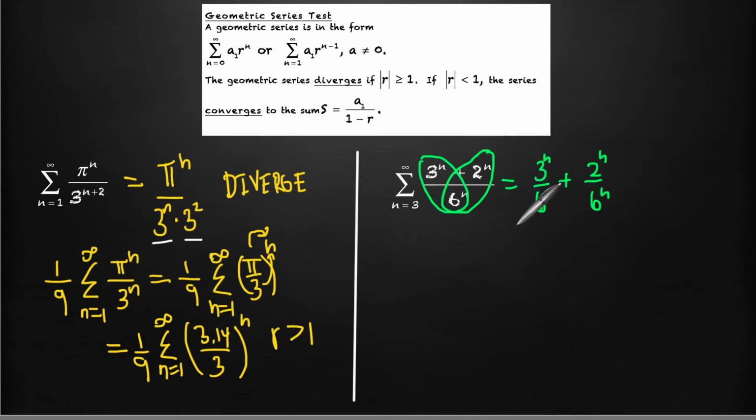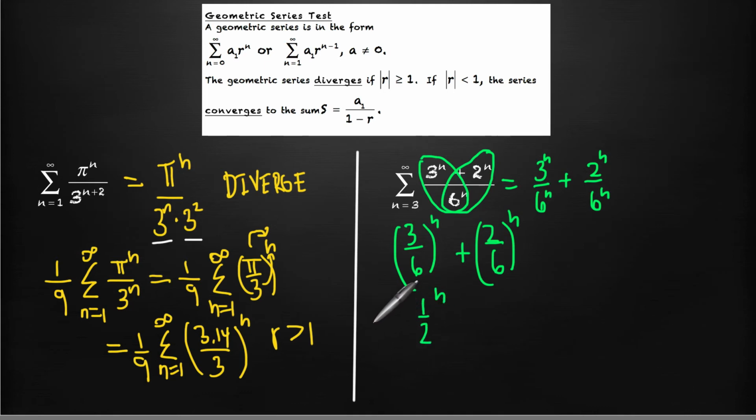And we're going to use that same little trick that we just did a moment ago. We're going to write this as (3 over 6) to the n, and then this is going to be (2 over 6) to the n. And we can reduce these fractions, so it's going to be (1/2) to the n. And I'm going to go ahead and write the summation from n equals 3 to infinity.